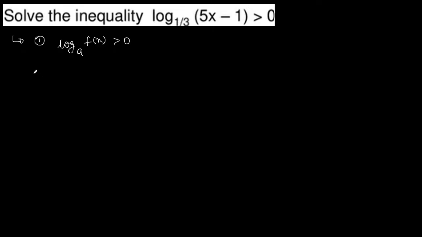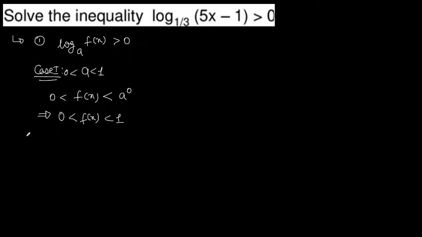And in that it is falling in the case where a is between 0 to 1. If it is so, the inequality will change, it will go a to the power 0, and f(x) should be bigger than 0. So this is 0 less than f(x) less than 1.